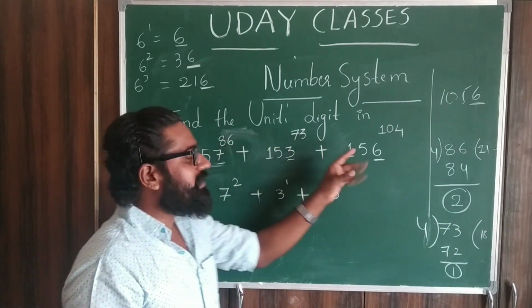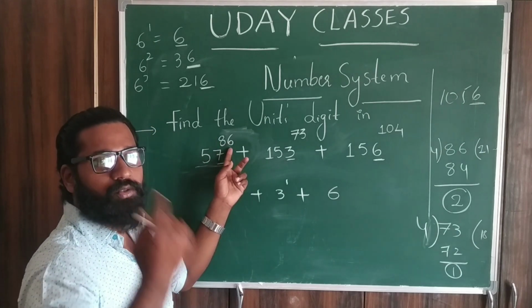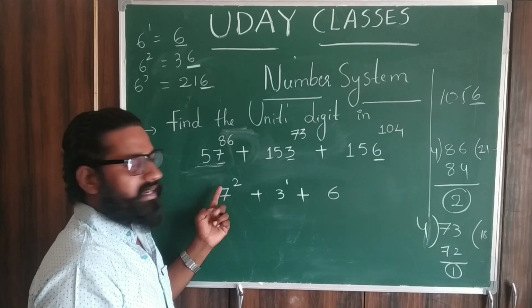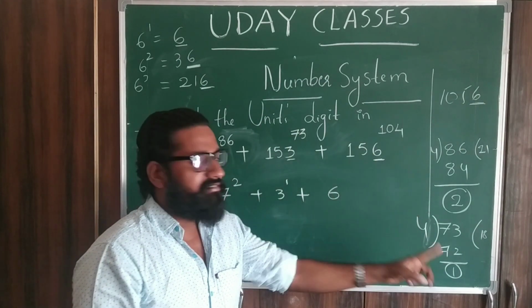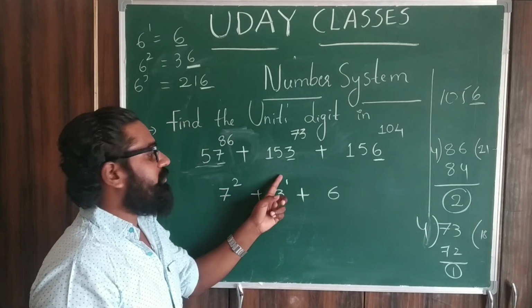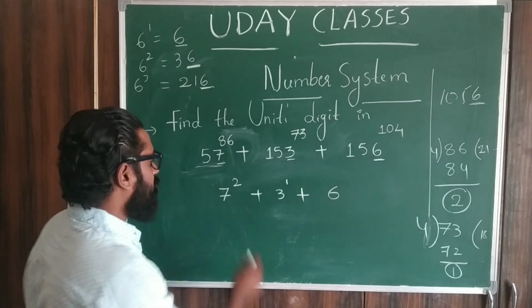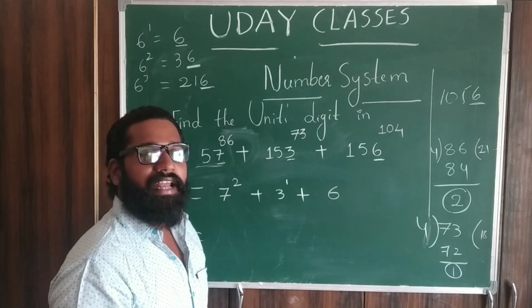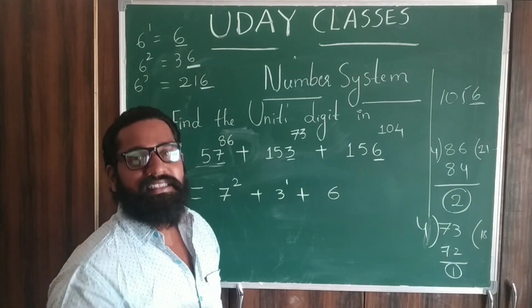So divide all the powers with 4. 86 divided by 4 means 2 is the remainder. So just you can write power of this 7 square. Next 3 power 73 is given. 73 divided by 4, 1 is the remainder. So 3 power 1. And 6 power anything, always you will get 6. No doubt in it. So now you can write 7 square. 7 square means 49. 49 means 9 is the last digit.